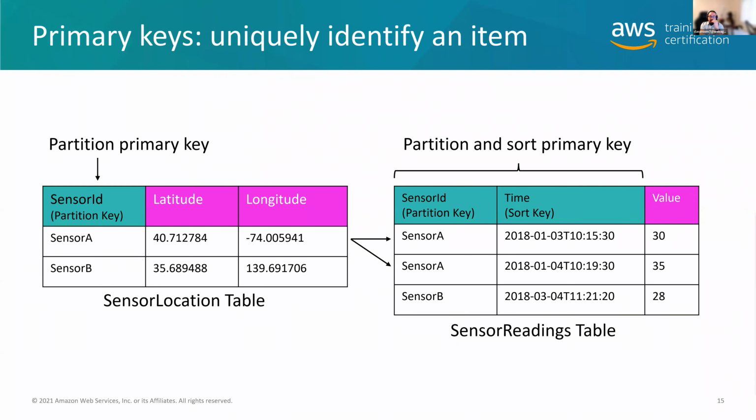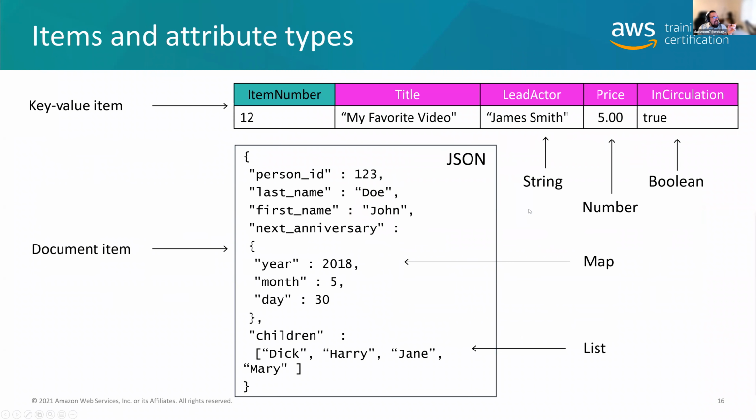Everything in pink, those are all attributes that can get returned. Now, in this case, our primary key is an item number, and there are attributes like title, lead actor, price, and circulation. Because an item, which is like the row, is just a collection of attributes. Items are analogous to rows, and attributes are analogous to columns.